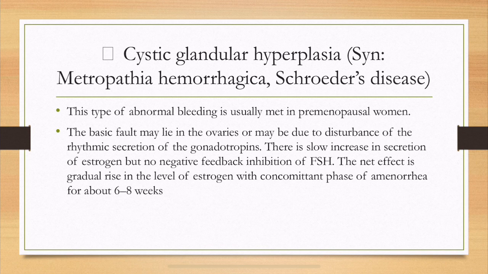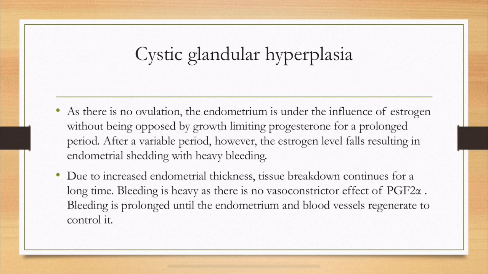So in cystic glandular hyperplasia, either there is a fault in the ovary or a disturbance in the gonadotrophin releasing hormone. Then there is slow secretion of FSH, slow increase in estrogen level but no negative feedback. So there is an increase in the estrogen level resulting in Metropathia hemorrhagica, and along with that there is amenorrhea for 6 to 8 weeks.